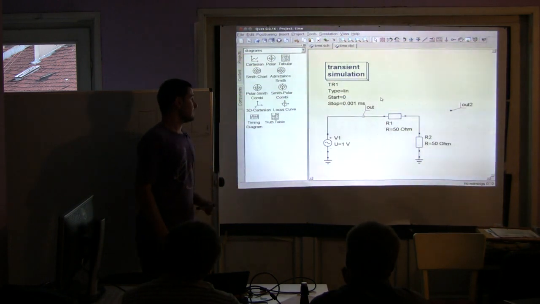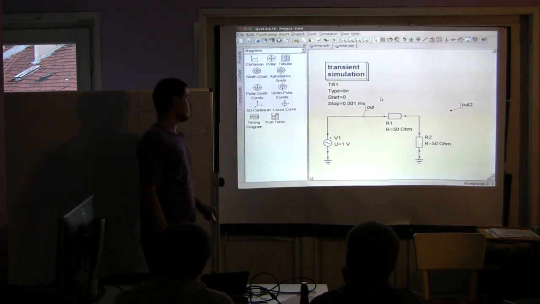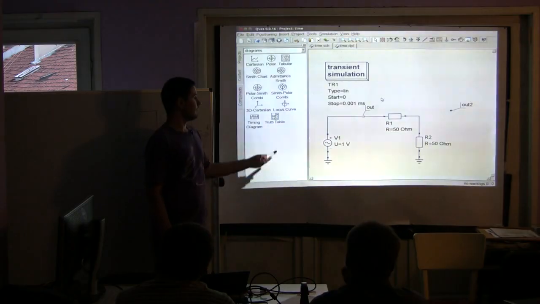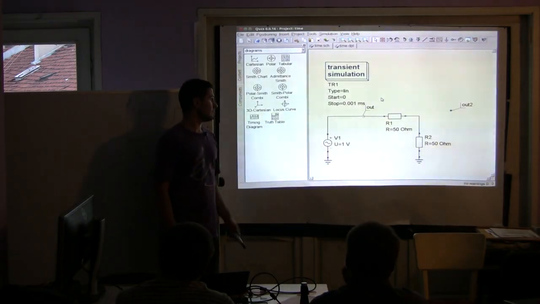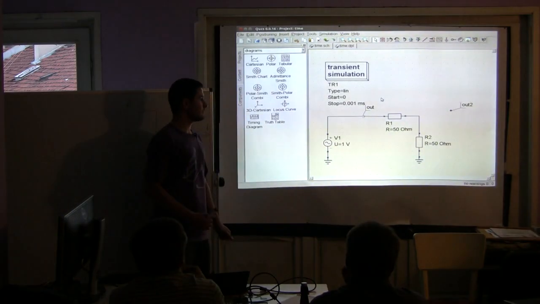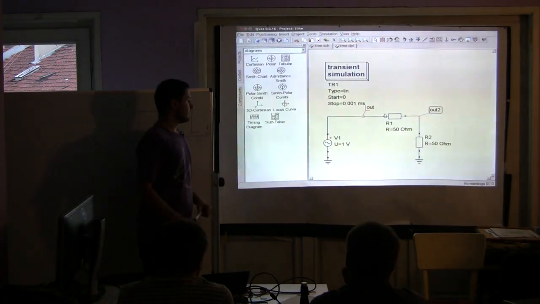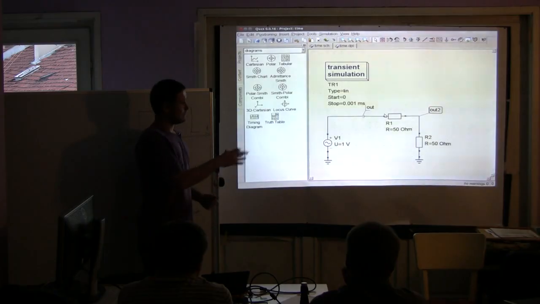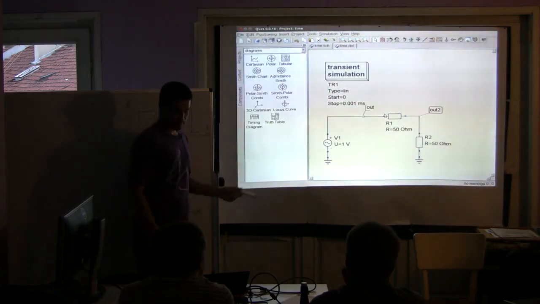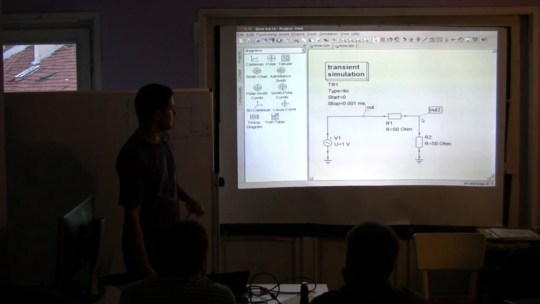In this circuit, it's obvious that the current will be the same for both resistors because we don't have any other branches. Actually, you can look at these blue lines as wires. They are physically connected, and if you solder this circuit, you should place wires over there. So it represents a physical connection.